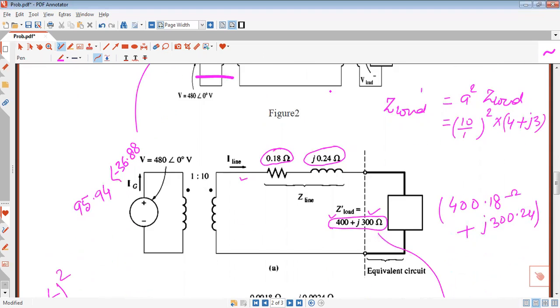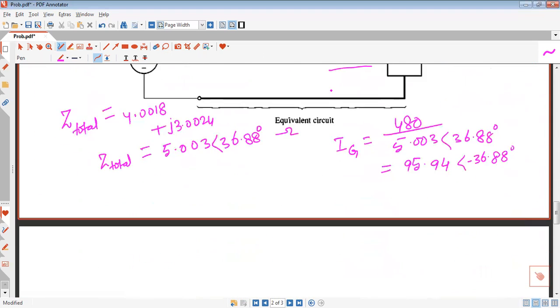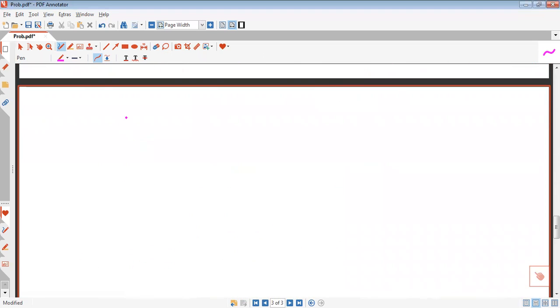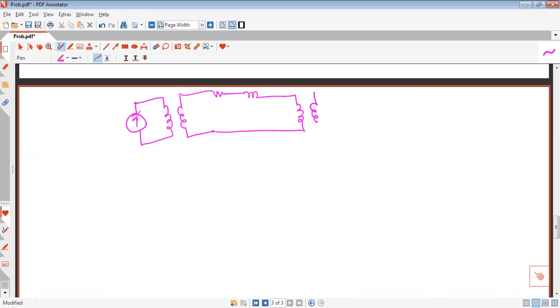So line current, how can we find it? I am drawing the generator here again, and here is a transformer, and the transformer gives a line, and then again a transformer is put here, and it is connected to a load.